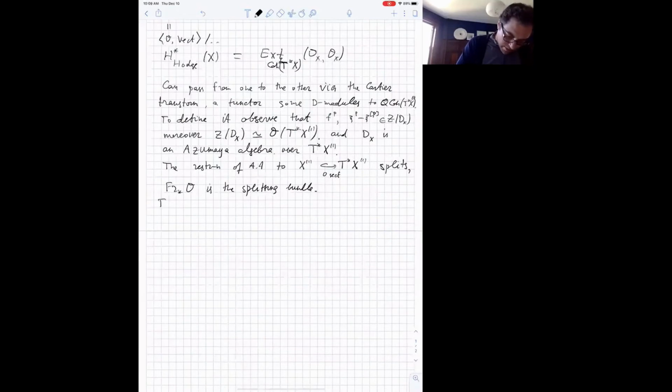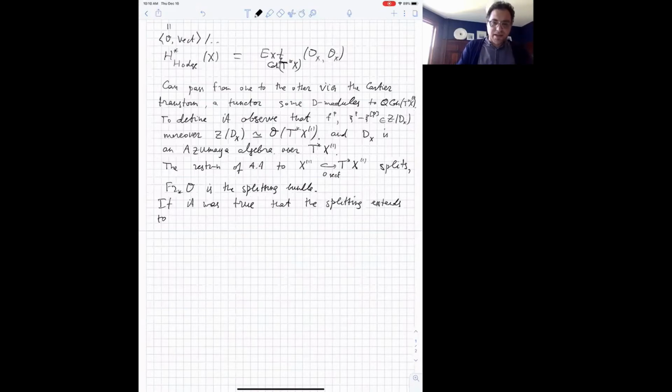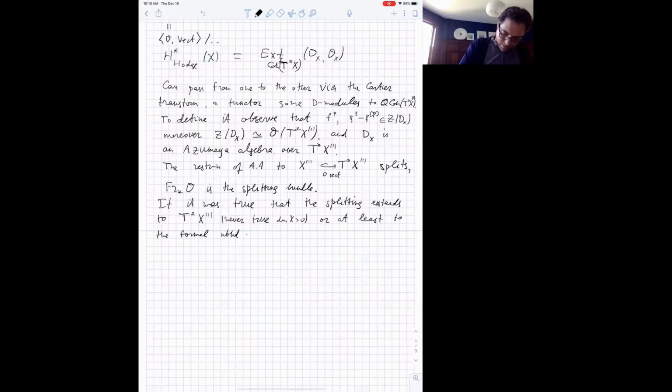If it was true, which it is not, that the splitting extends, ideally to the whole cotangent bundle, which is pretty much never true, except if the base is a point, or at least to the formal neighborhood of X. Well, I will drop the Frobenius twist.